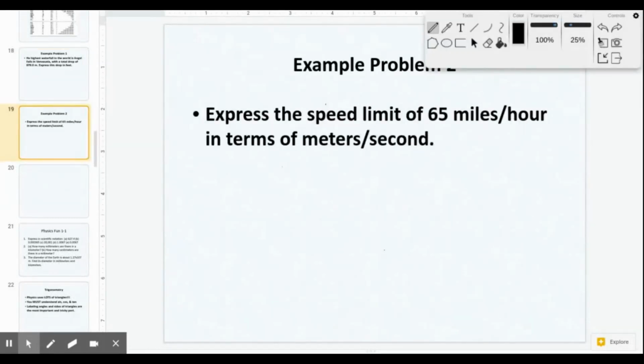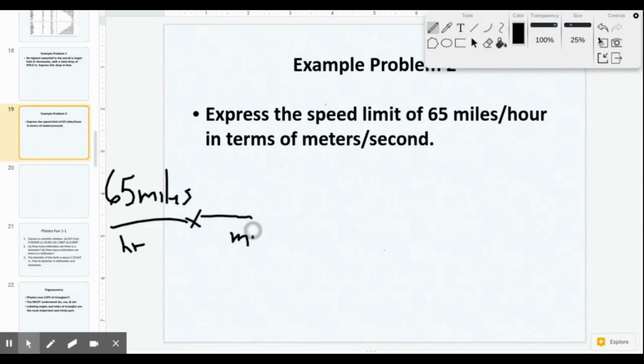On this problem, we're going to convert 65 miles per hour to meters per second. So I'm going to start over here just to give myself a little bit more room. So 65 miles per hour. So we're going to pick miles to start with. So we'll put miles on bottom because it's on top.